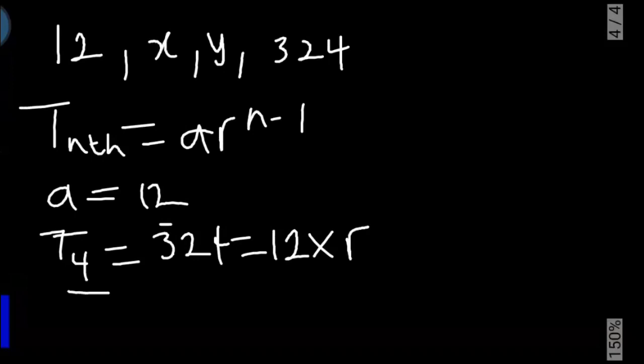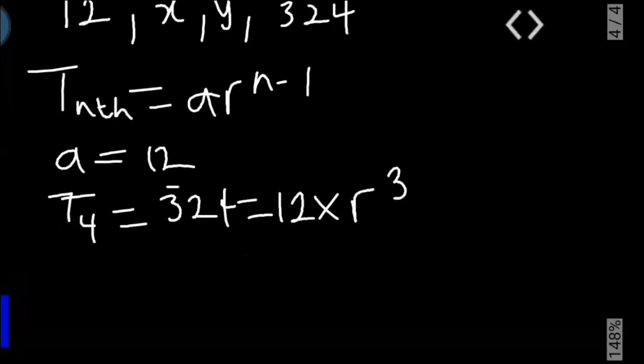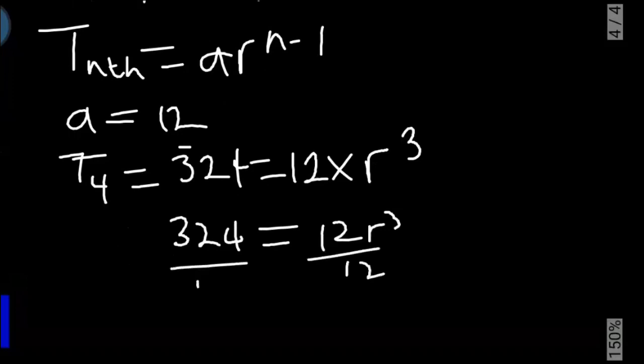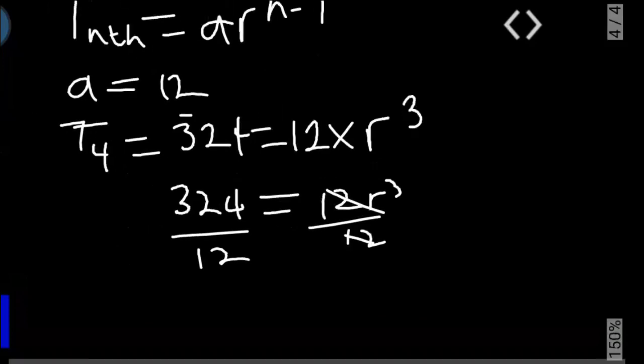N is 4, so our fourth term. So 4 minus 1 is 3. So from here we have 324 equals 12 r cubed. We can divide both sides by 12.